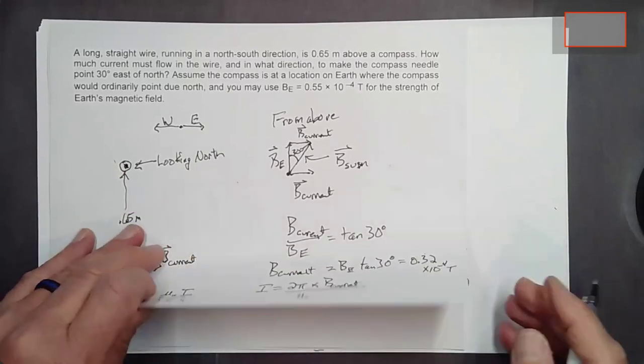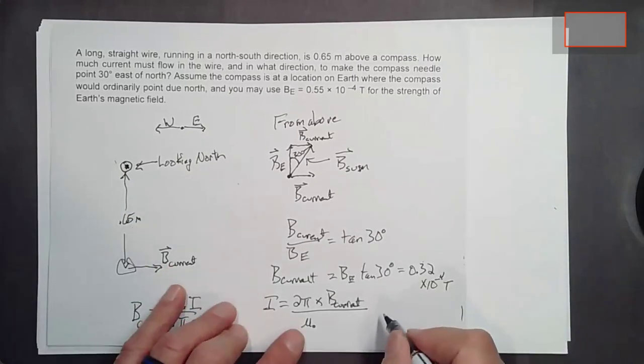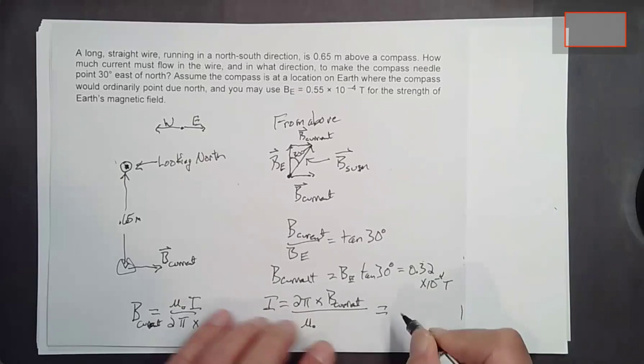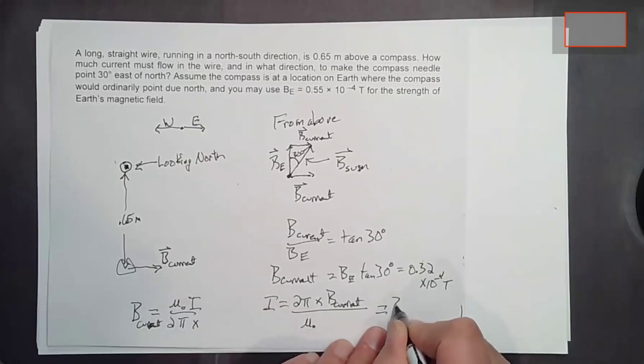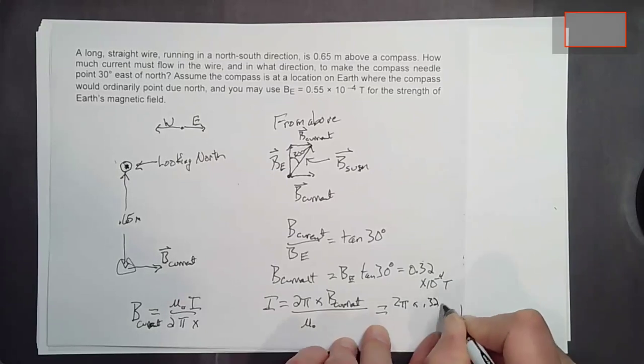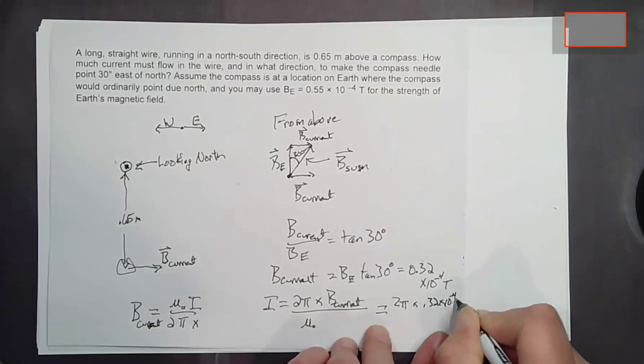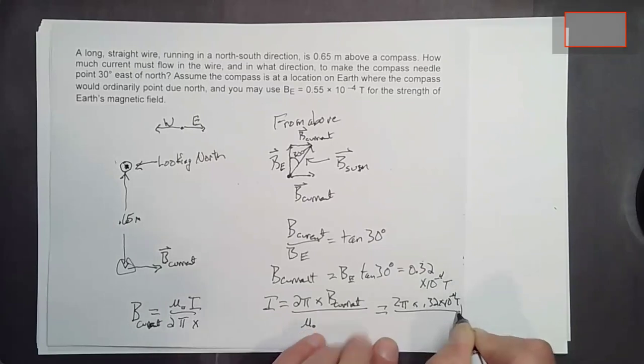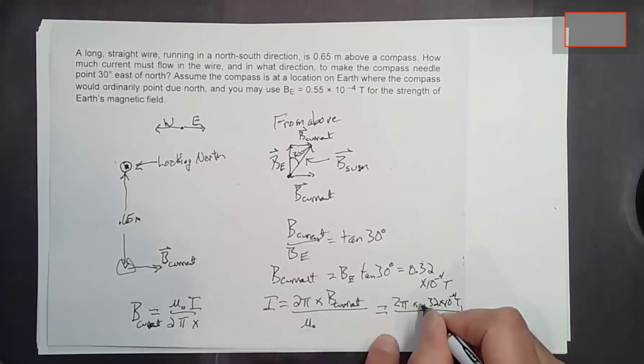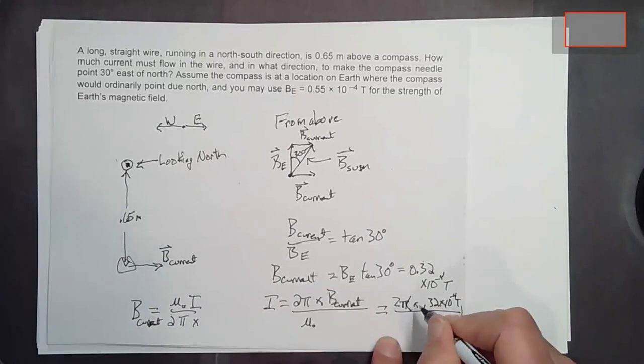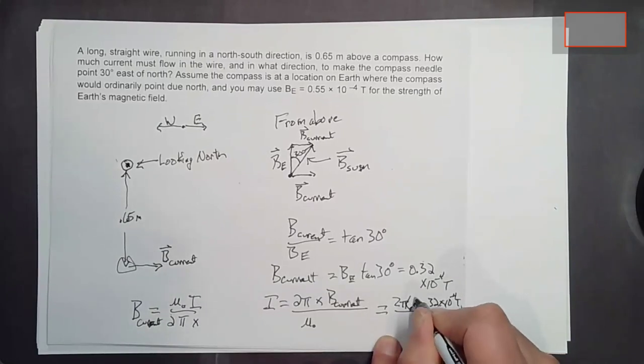Now I can plug in all the numbers and see what I get. 0.32 times 10 to the minus 4th Tesla, times my x, the 0.65 meters.